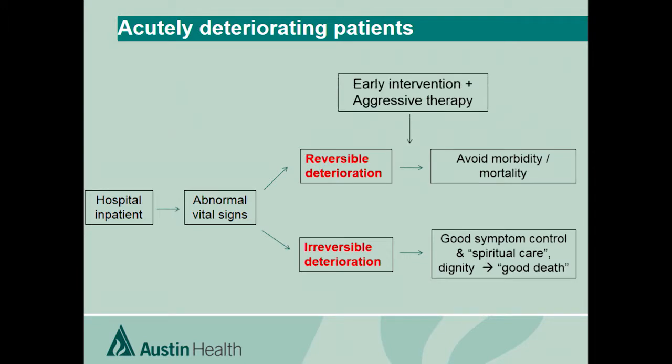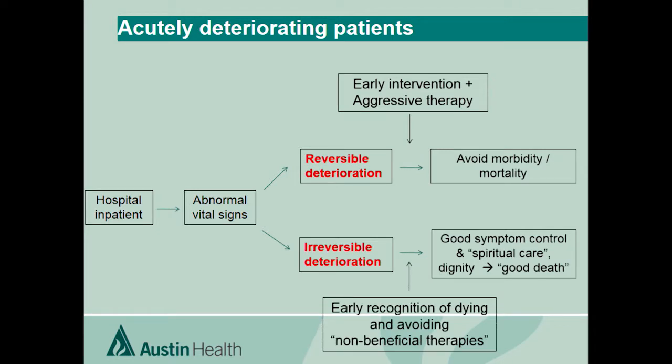Because in this group, early intervention and aggressive therapy is what's desired, whereas in this group, early recognition of a dying patient and avoiding such therapies, which I'm increasingly calling non-beneficial rather than futile, I think futile has a value judgment associated with it, is the aim of the game.